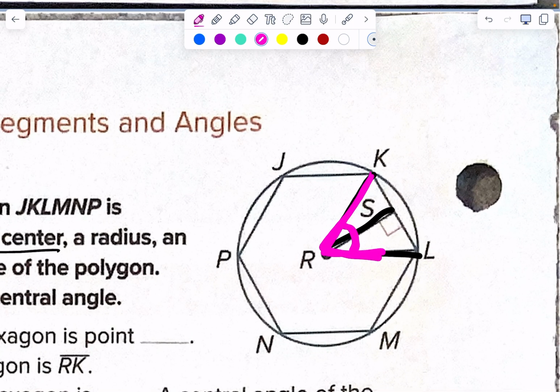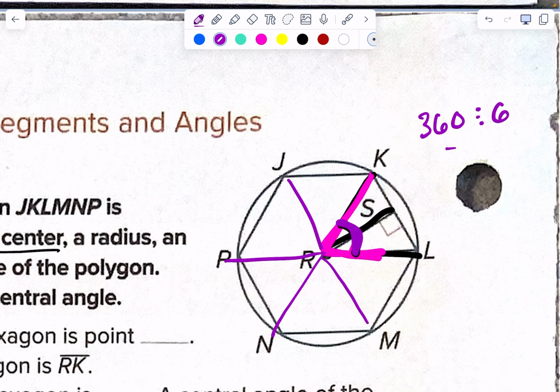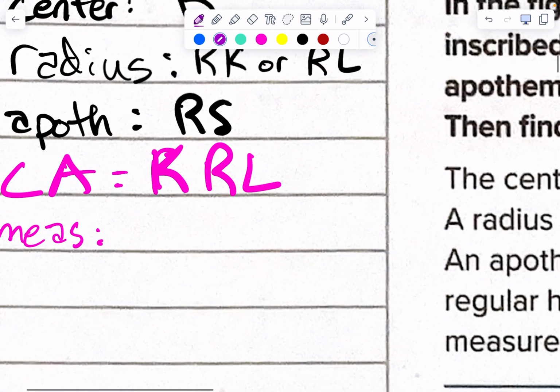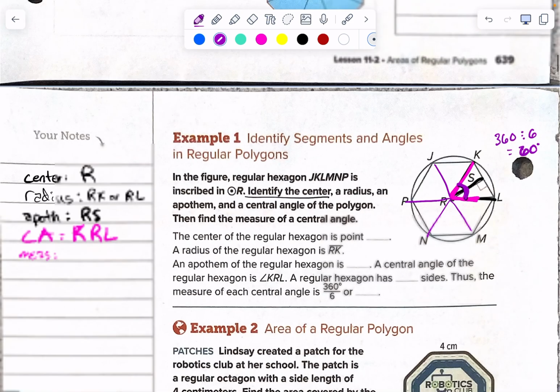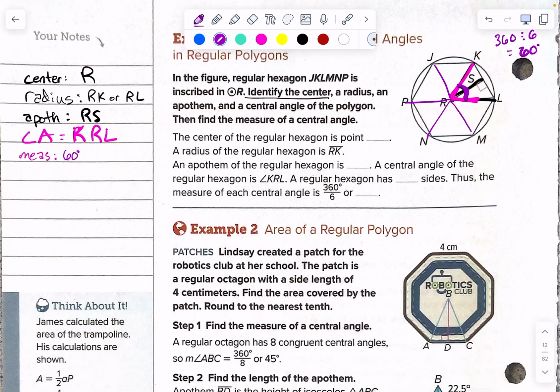How many degrees is that? How big is this angle right here? 60. How do you know that? There are 6 of them, right? So 360 divided by 6, so that central angle is 60 degrees. That's the measure. That was example 1.